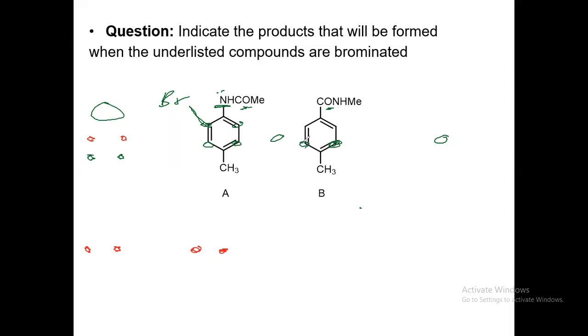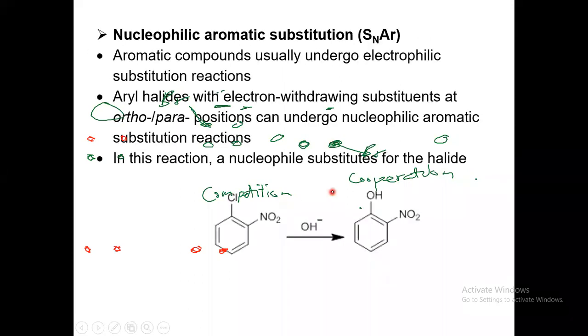This is its ortho position, this is ortho position, right? Good. So very simple, they will cooperate and put the bromine at one ortho position. And so whilst the one happening before is competition, this one is cooperation. Very simple. Good.